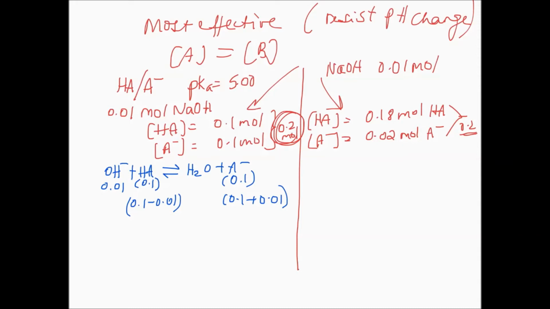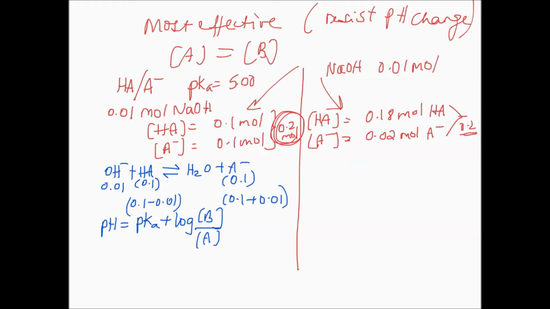And the pH and pKa are linked together using what is called the Henderson-Hasselbalch equation, or HH equation, according to which pH is equal to pKa plus log of base over acid. We'll discuss the details in a little bit, but for now consider this equation as is.